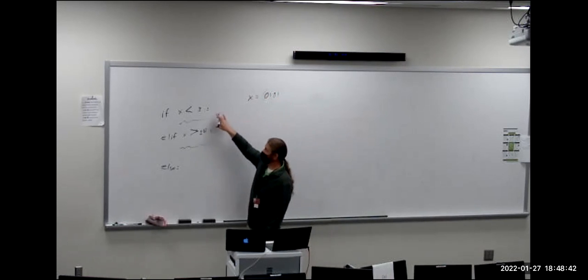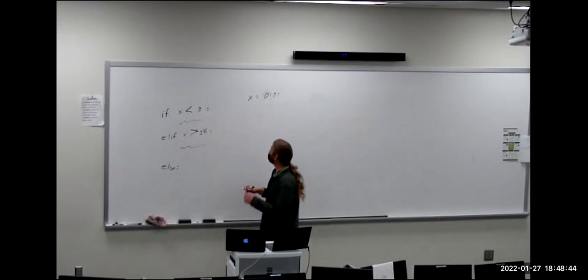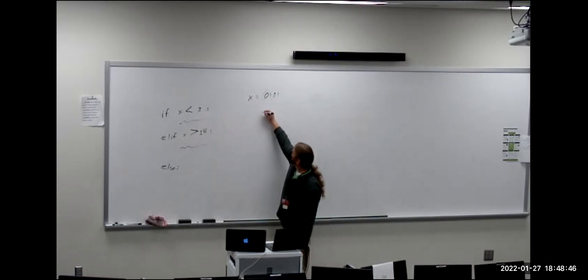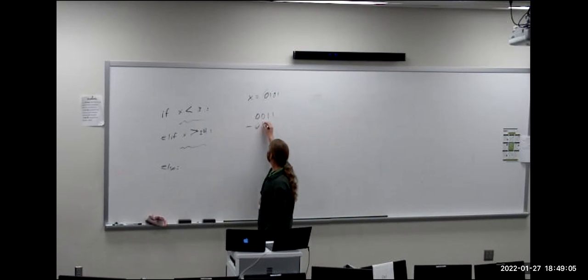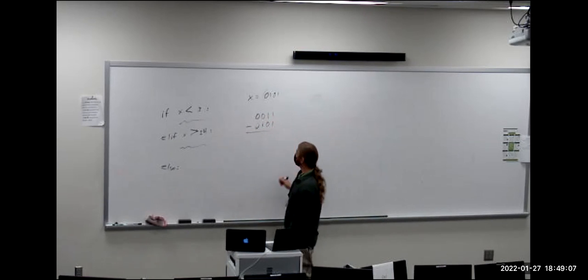So how, if all we have is addition, how does it compare to that? To compare to 3, what the machine actually does is just subtract those. So 0, 0, 1, 1. And then we'll subtract 5. 0, 1, 0, 1.